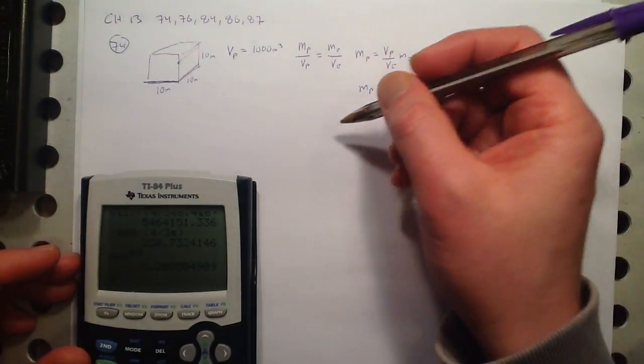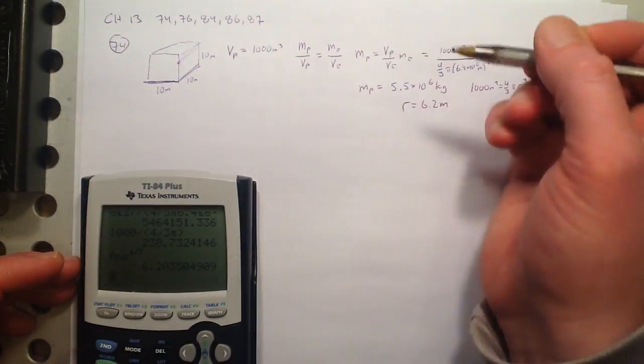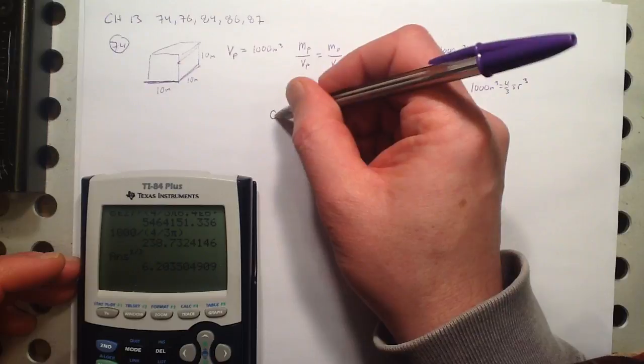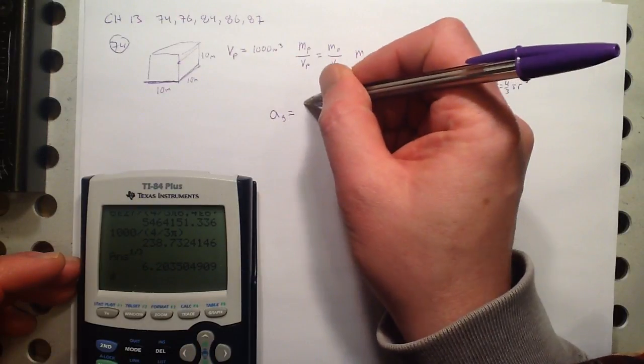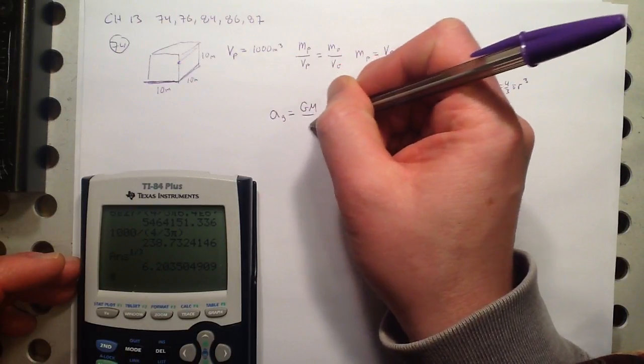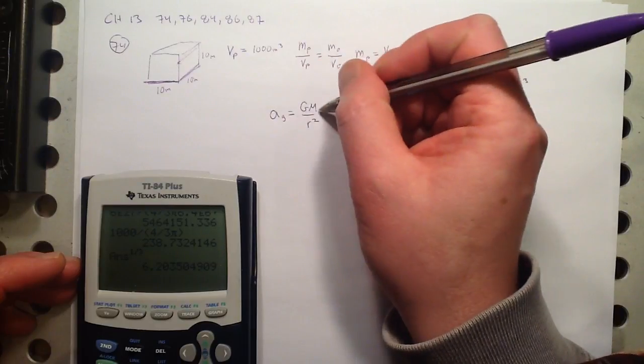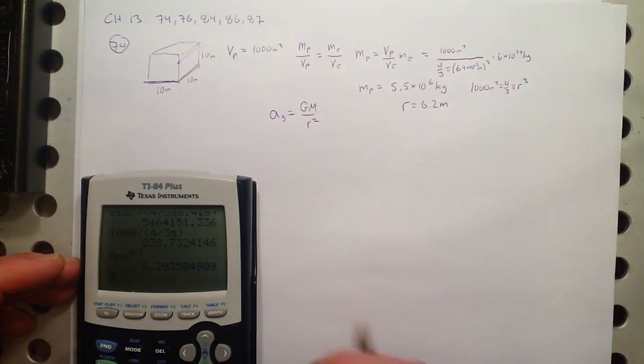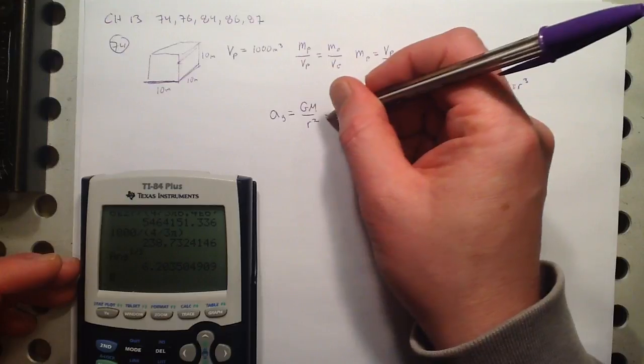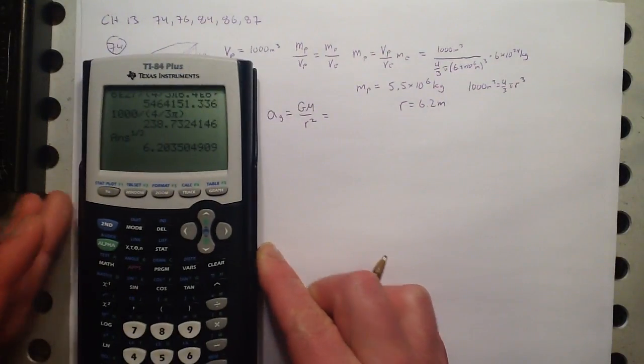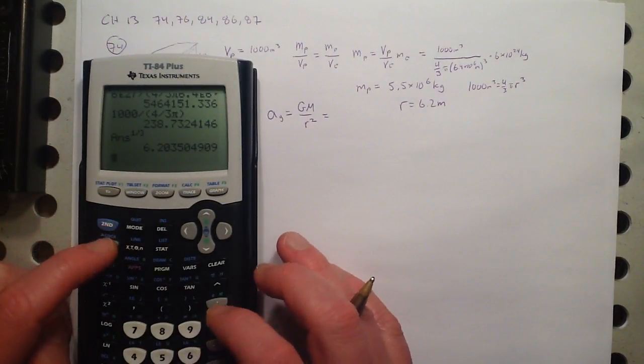Okay, so now we want the free fall acceleration at the surface of his planet. Well, the acceleration, maybe by now we're okay with that, is GM over r squared. It's just the other m divided out. So let's see what we've got then.